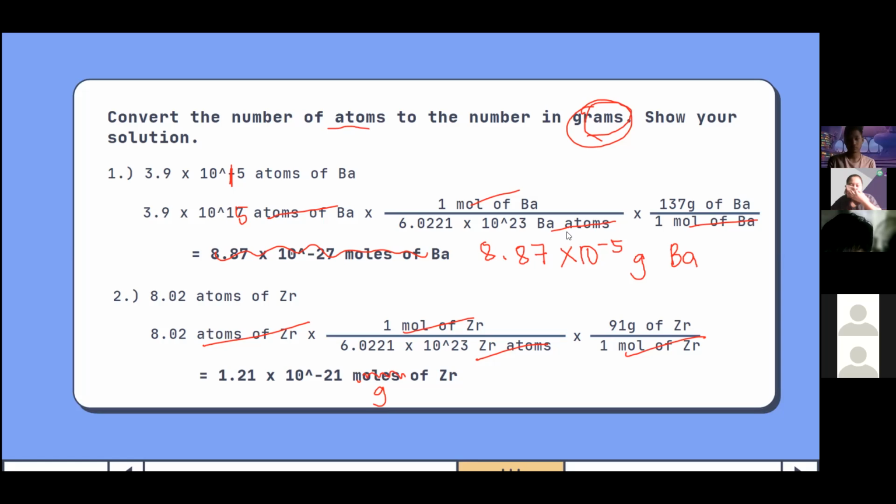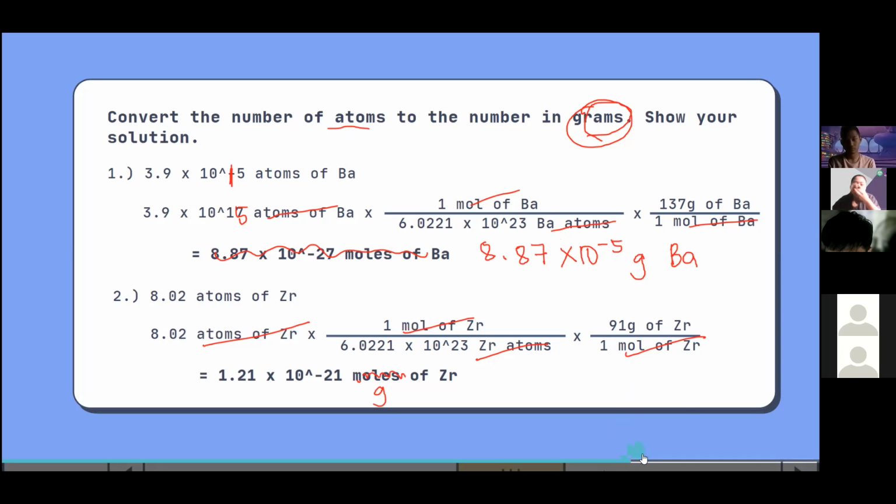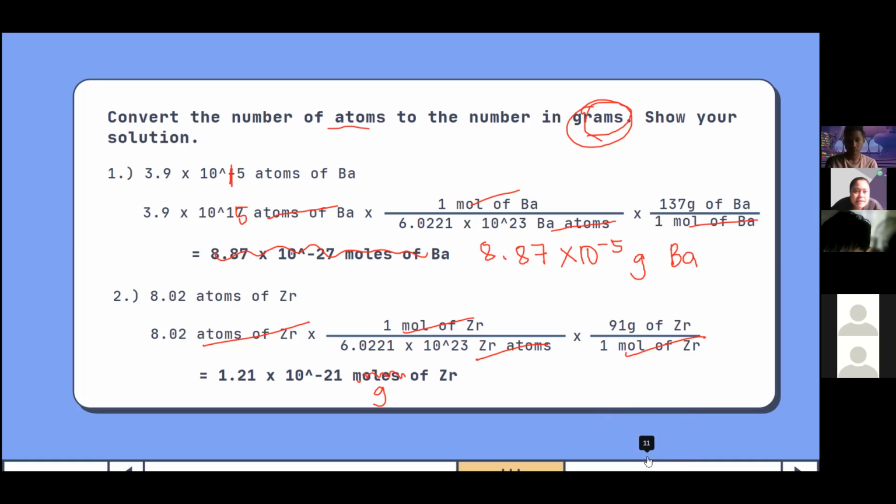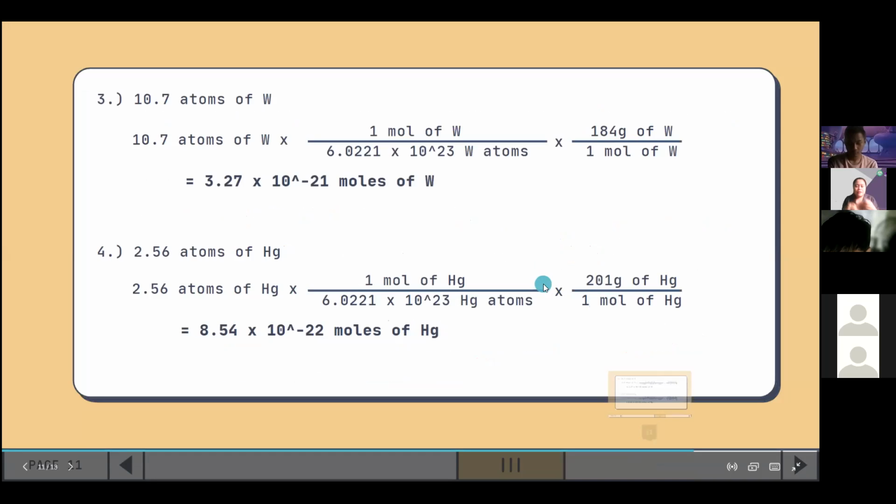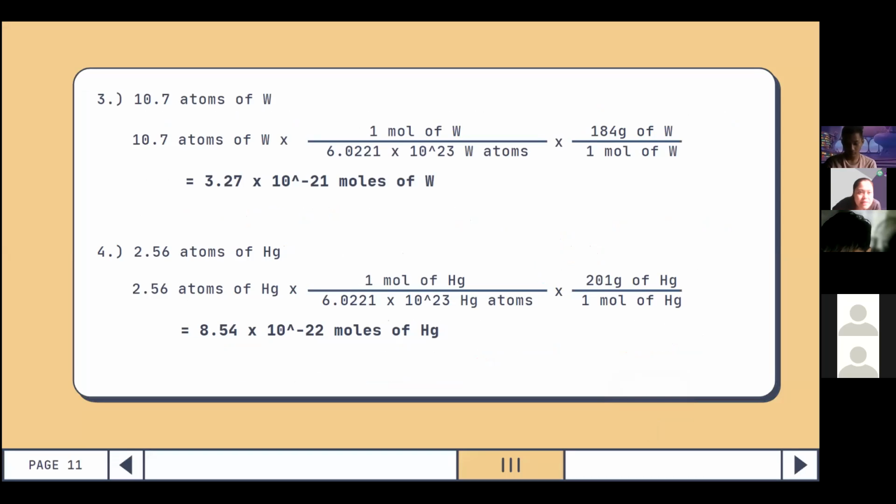Okay? Questions? Wala? Sige, let's have the number 3. This is 10.7 atoms of tungsten. So the same way sa pag-solve, let's check first what is the atomic weight of our tungsten. This is 184. Rounded up to 184.